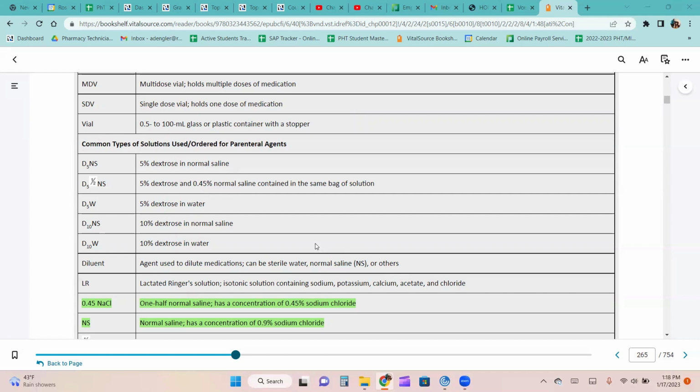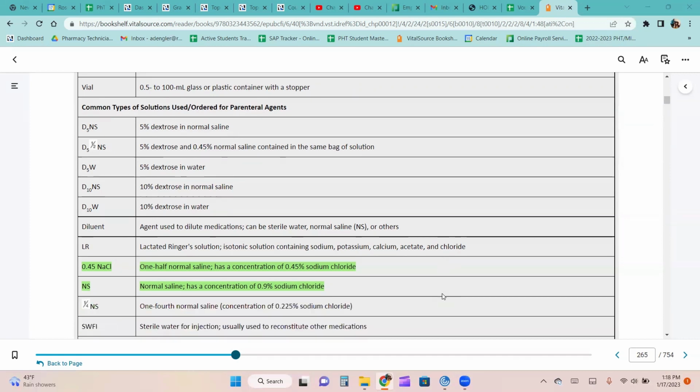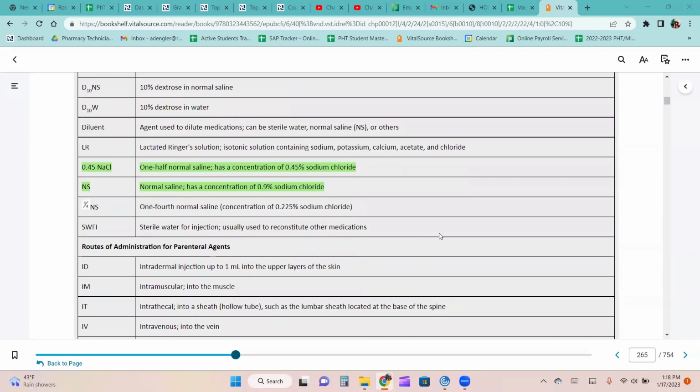D5W means 5% dextrose and water. And like D10W is 10% dextrose and water. We have diluent, lactated ringer solution, normal saline that has a concentration of 0.9% sodium chloride, 1/2 normal saline, 0.45%, which we've already talked about.